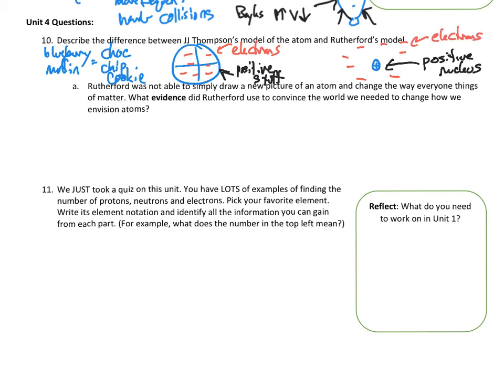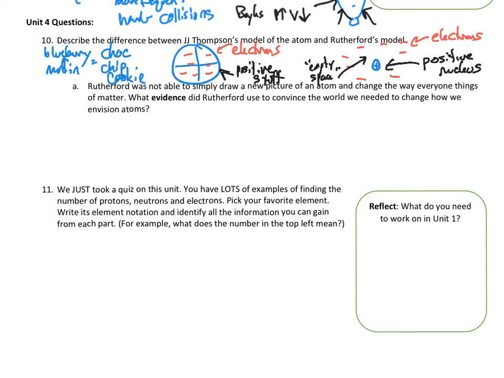And all of this is just empty space. So think about blueberry muffin dough: if you pull out all the little blueberries and take the remaining muffin dough and squish it all up into a tiny, tiny little ball and then leave the blueberries scattered around it, that's how you take Thomson's model and convert it into Rutherford's.